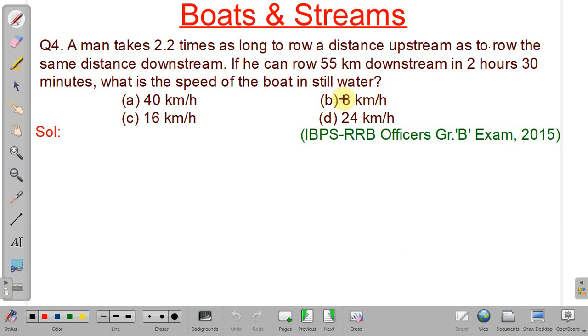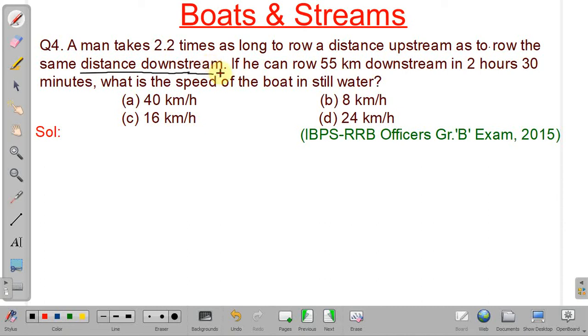See, in this problem, what is given? A man takes 2.2 times as long to row a distance upstream as compared to the same distance traveling downstream. So the time taken is 2.2 times in the upstream direction as compared to the downstream direction.